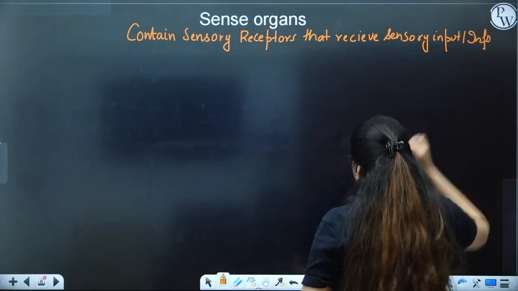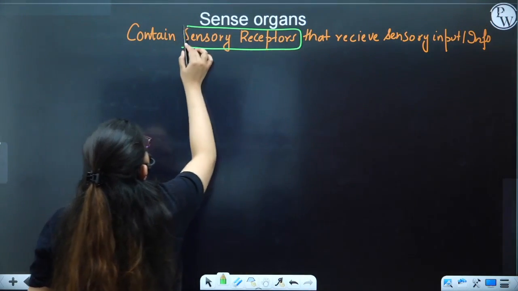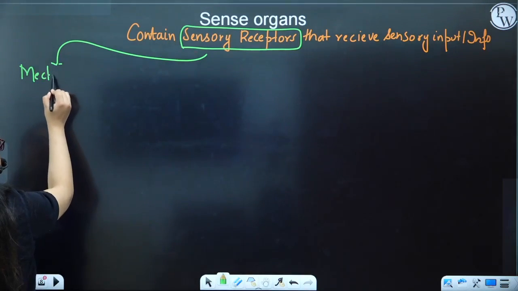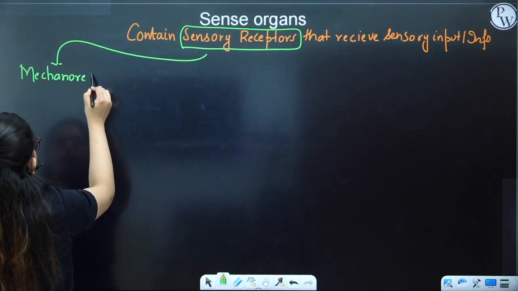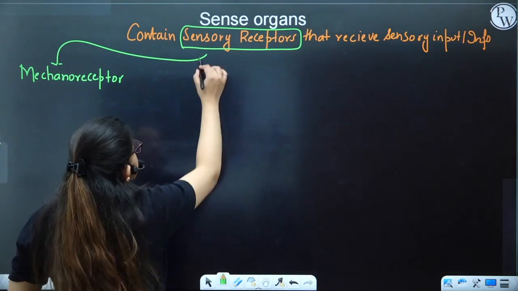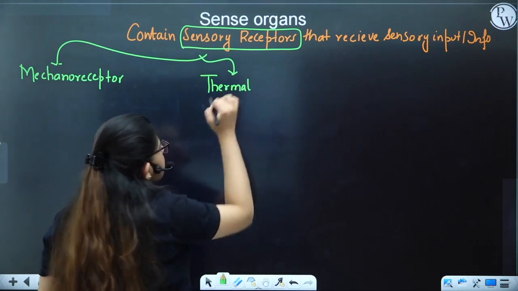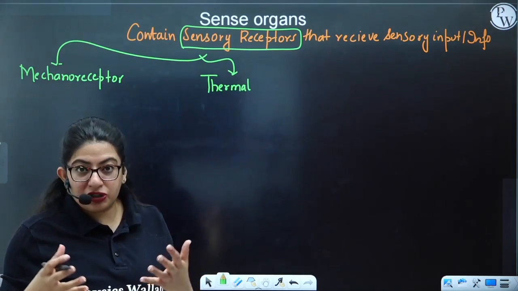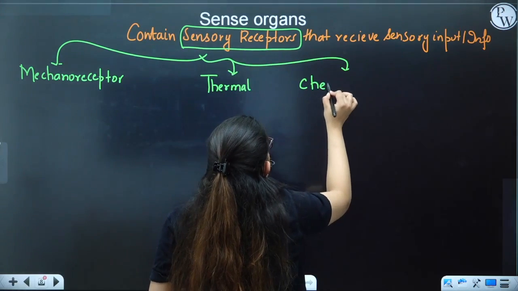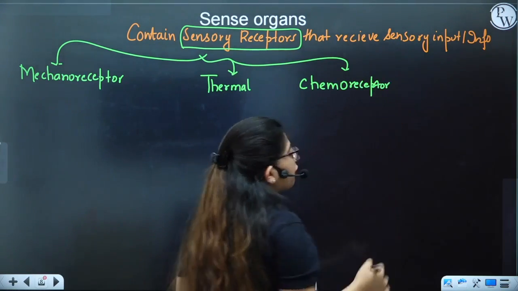Now these sensory receptors are of various kinds, depending upon what stimulus they are receiving. Some are mechanoreceptors. Some are thermal receptors, which receive the information of temperature. Then we have chemoreceptors, which receive information in the form of chemicals.